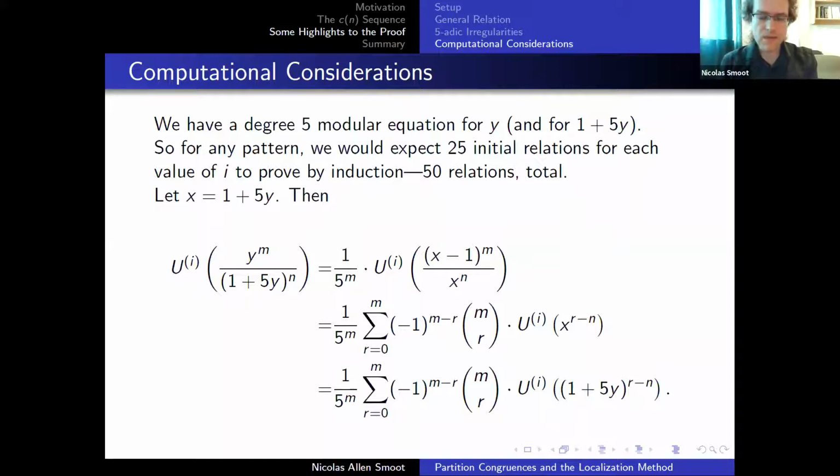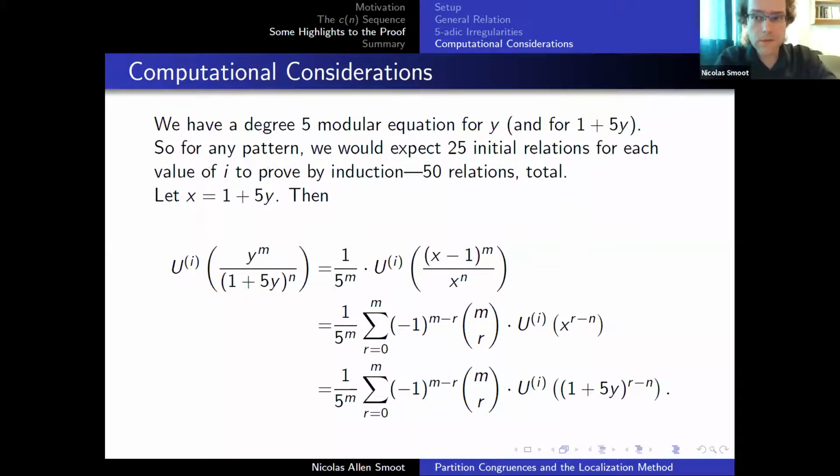Now what that means ultimately, and they have an alternating series of U operators, when you put all this together, it means that in order for their induction to work, they need to prove a total of 20 initial relations. And again, that's what you would expect over a genus 1 surface. All of the things the same. But we're working over a genus 1 surface. So using the same technique, you would expect 10 relations.